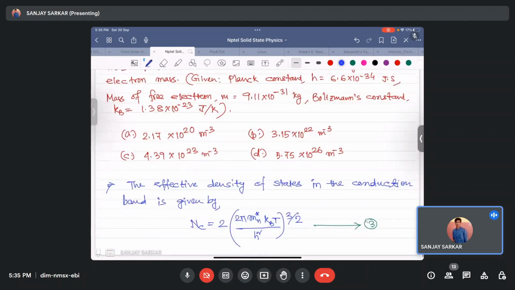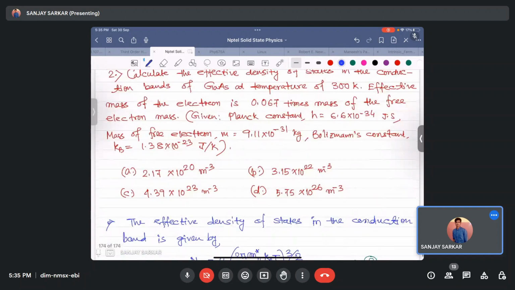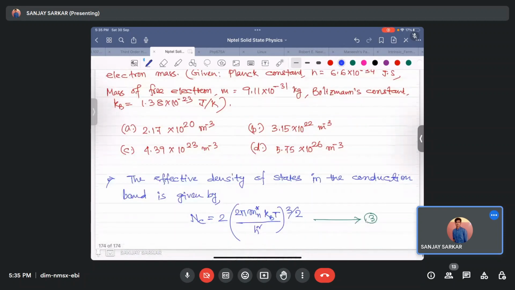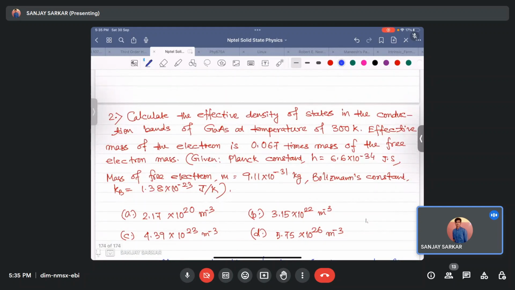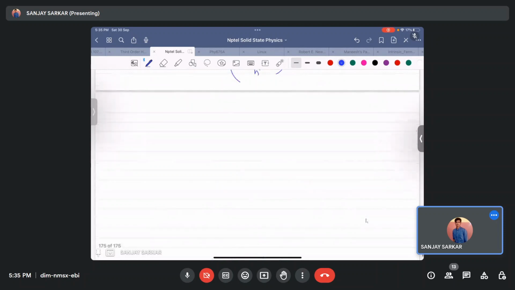Since you know Nc, now put the values of mn star, kT, h square, everything is given in the question. You will get Nc. The question was to calculate the effective density of states in the conduction bands of gallium arsenide at a temperature of 300 Kelvin. Since everything is already given, you can definitely calculate.